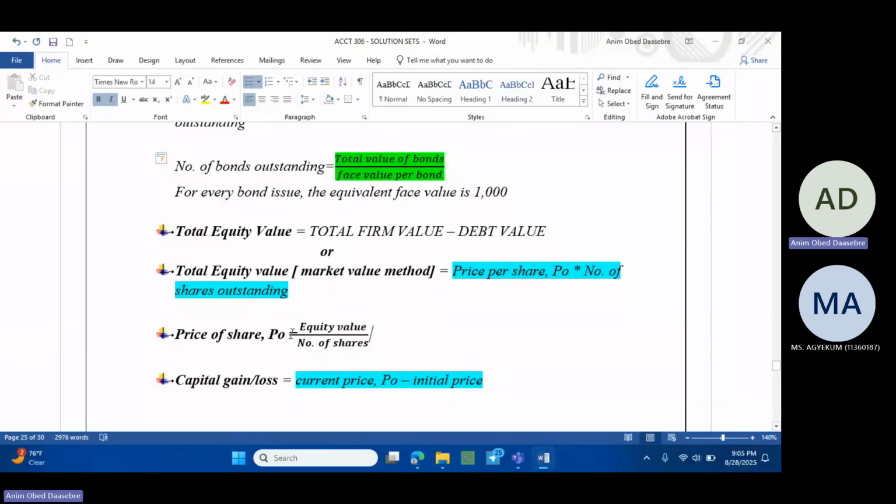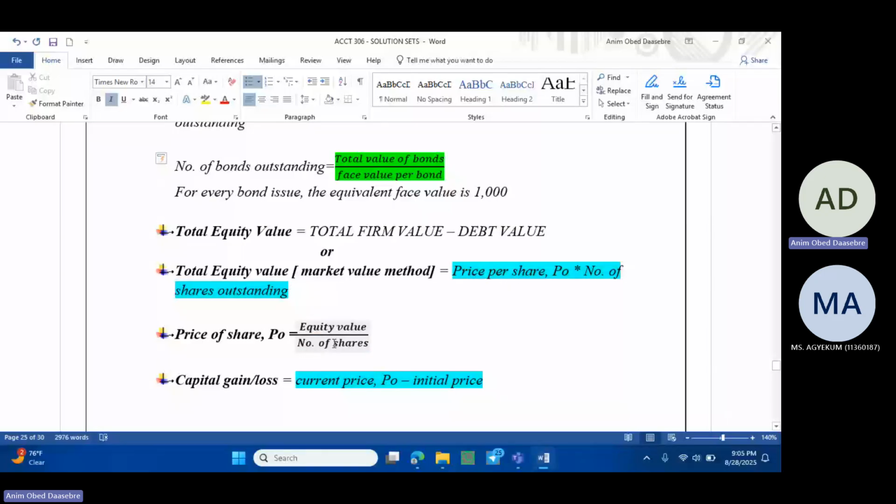If you want to find the price per share from this equation, you just do your change of subject. Since the number of shares is multiplying the price, you divide each side of the equation by the number of shares outstanding.